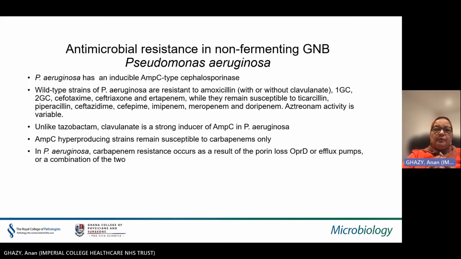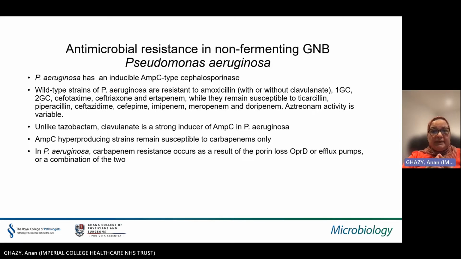What about the antimicrobial resistance in non-fermenting gram-negative bacteria like Pseudomonas? Pseudomonas aeruginosa has inducible AmpC-type cephalosporinases. Wild-type strains of Pseudomonas are resistant to amoxicillin with or without clavulanate, first-generation cephalosporins, second-generation cephalosporins, and they remain susceptible to ticarcillin, piperacillin, ceftazidime, cefepime, imipenem, etc. Unlike tazobactam, clavulanate is a strong inducer of AmpC in Pseudomonas aeruginosa.